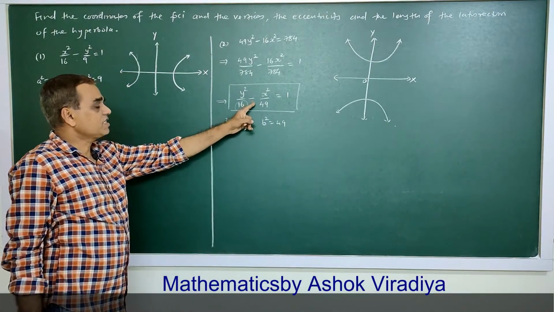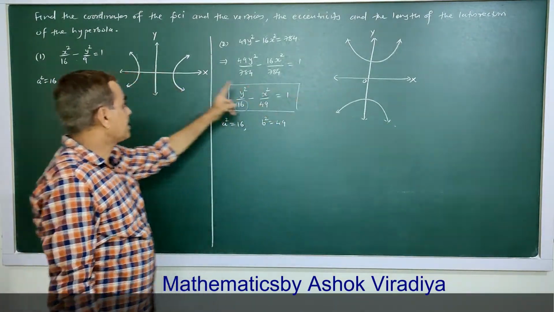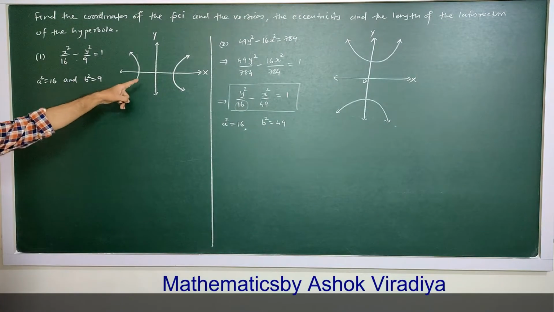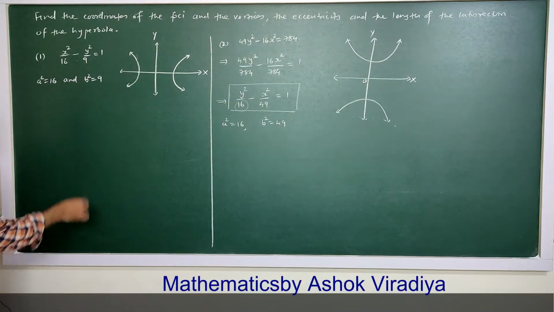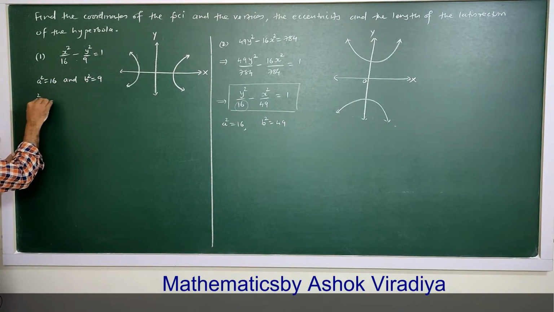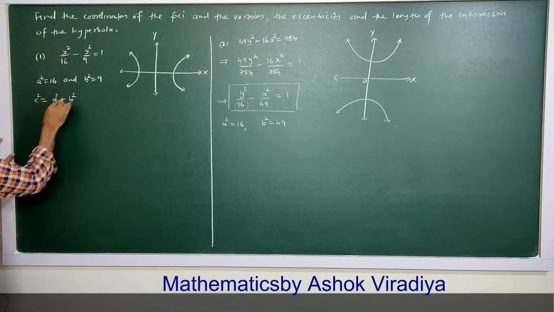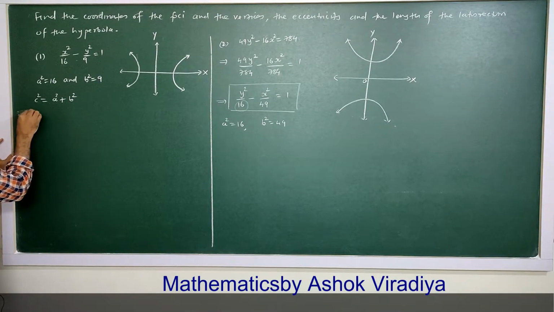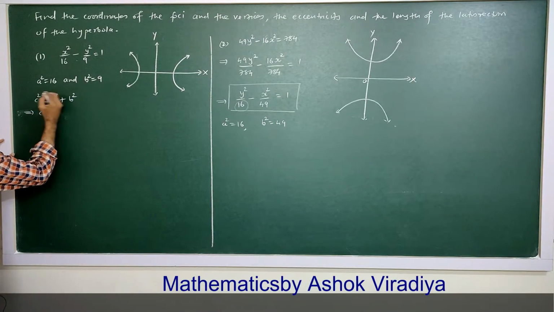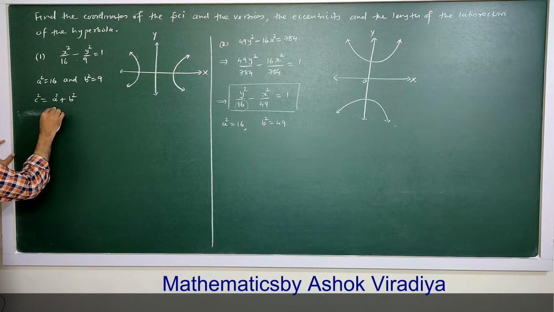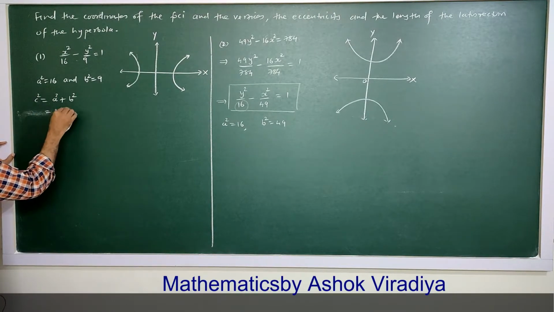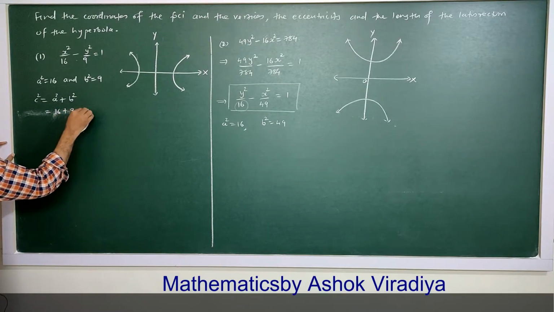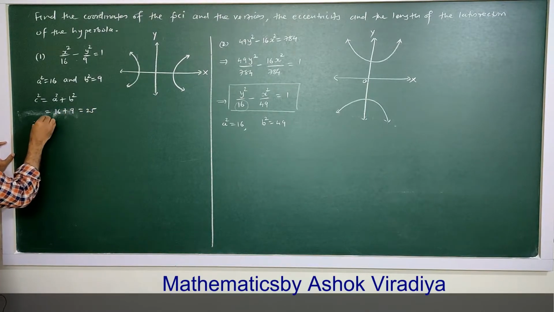So the sketch of this equation will be something like this. A square is 16, B square is 9. Now C square is A square plus B square, that is 16 plus 9, which is 25. So C square is 25, so C is 5.